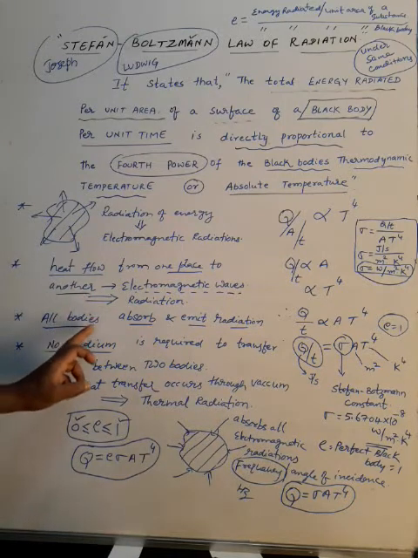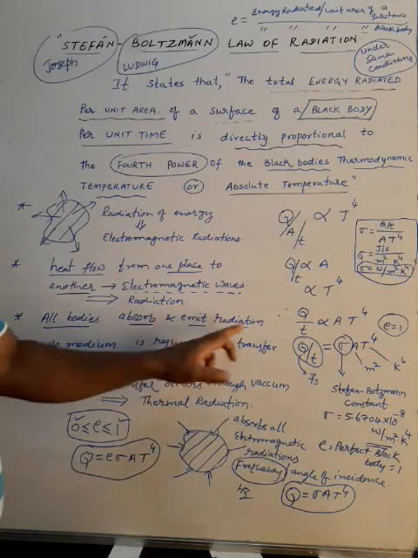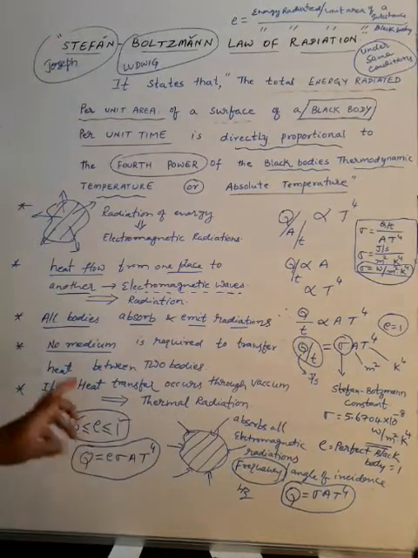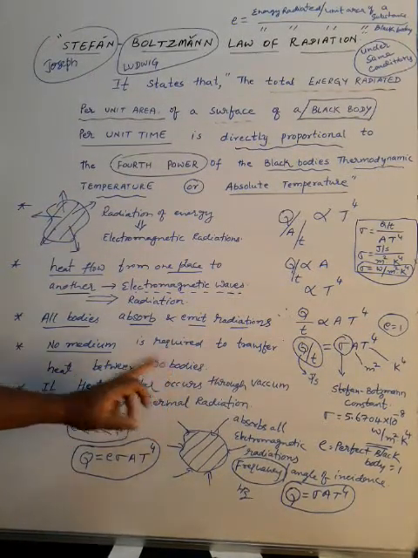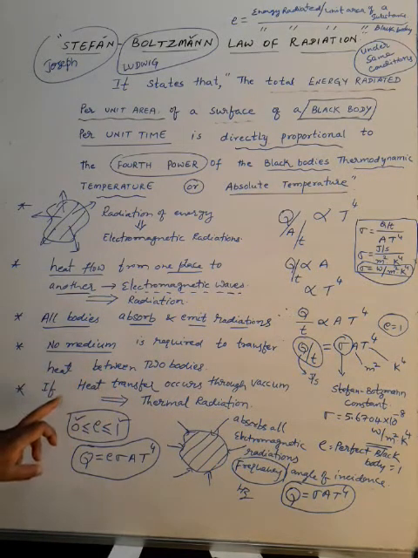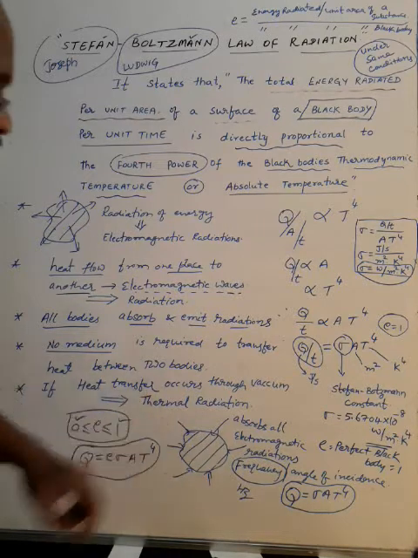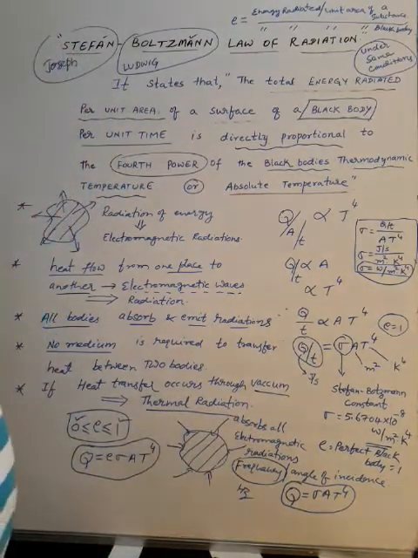We know that all bodies absorb and emit radiation, and to transfer heat between two bodies no medium is required. If heat transfer takes place through a vacuum, then it is called thermal radiation.